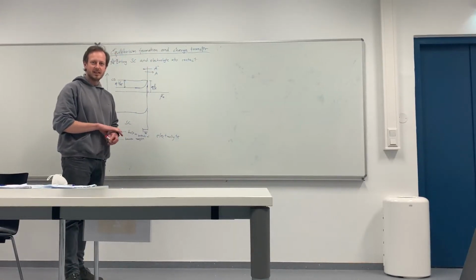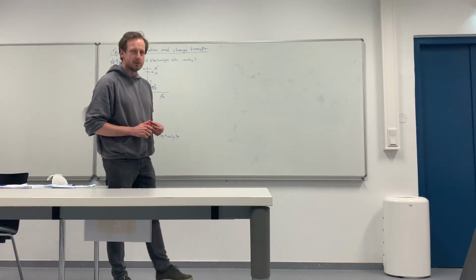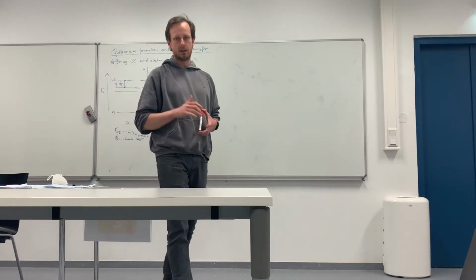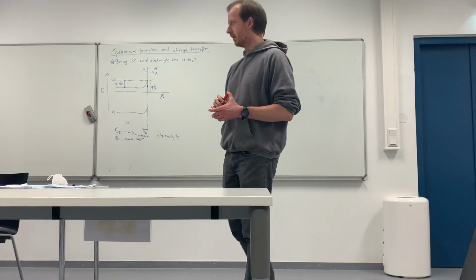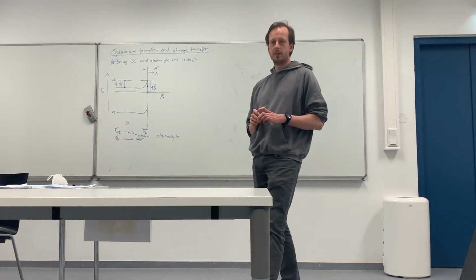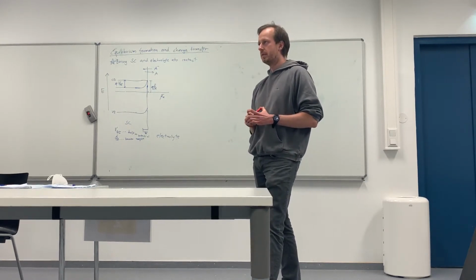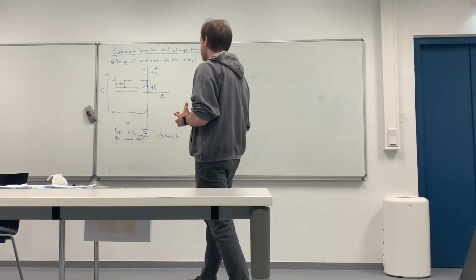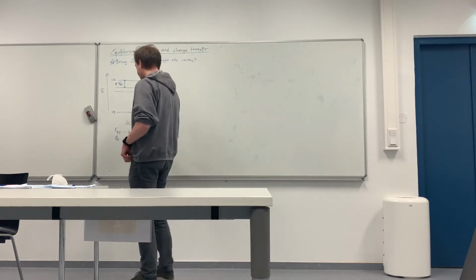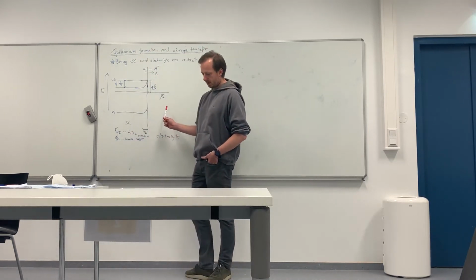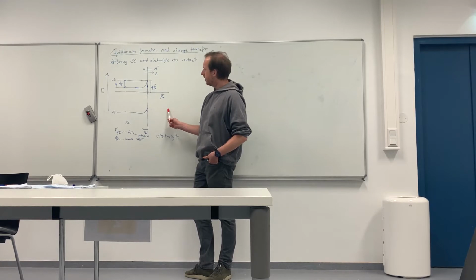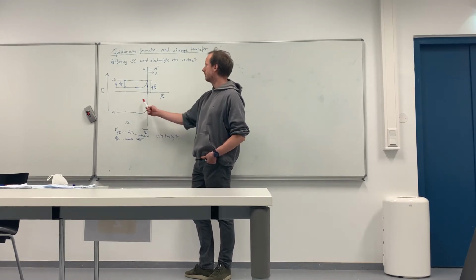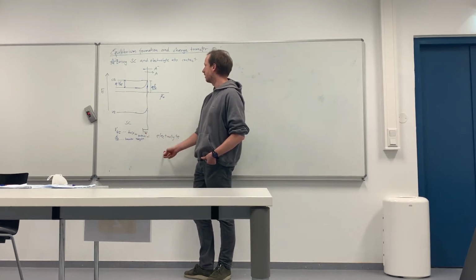So, hi again. This will be the last lecture on the board in this unit. During the last video, we have derived an equation that relates the applied external voltage to the current flow across such a semiconductor electrolyte junction.